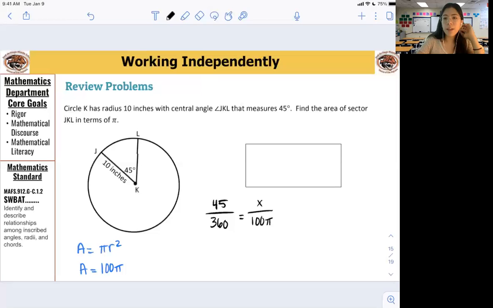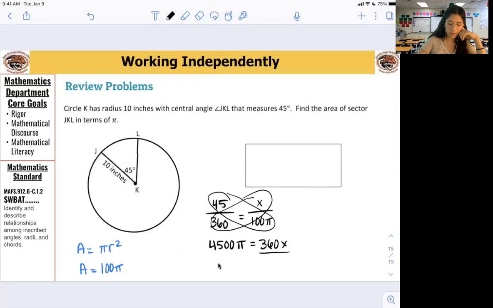Then I'm looking for x, right? There's a couple ways to do this that we've talked about. We can cross multiply and do it that way. Let's see what we get. So this would be 4,500 pi equals 360x. Got to divide both sides by 360. And what do we get? 12.5.